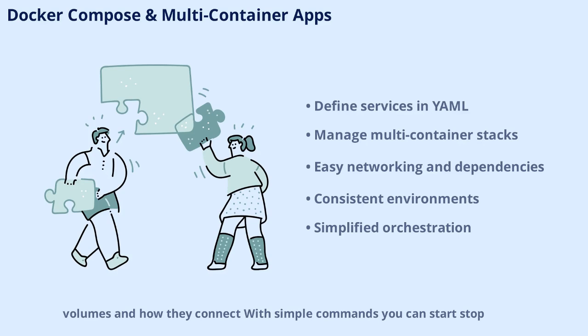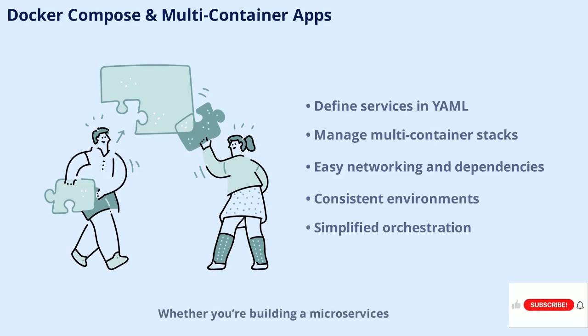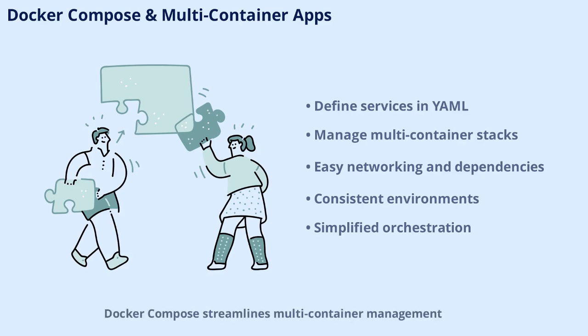With simple commands, you can start, stop, and manage your entire stack. Compose ensures consistent environments for development and production, simplifies networking, and handles service dependencies. Whether you're building a microservices architecture or a full-stack app, Docker Compose streamlines multi-container management and keeps your workflow organized.